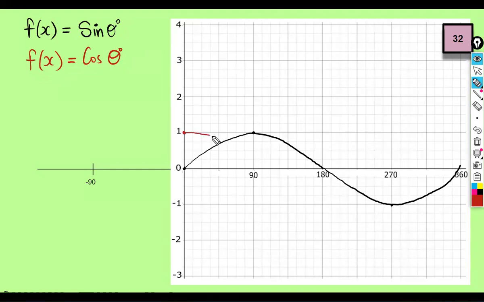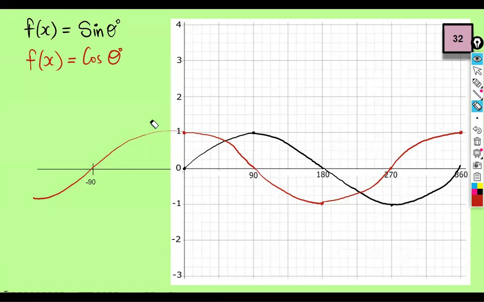And it goes like this. At 90, it hits the x-axis. At 180, it dips to -1. At 270, it cuts back the x-axis. And at 360, it rises back up to +1. Now, obviously, if you continue this backwards, it will look something like this.